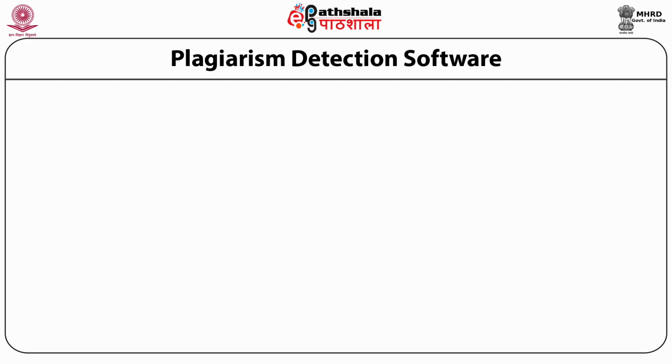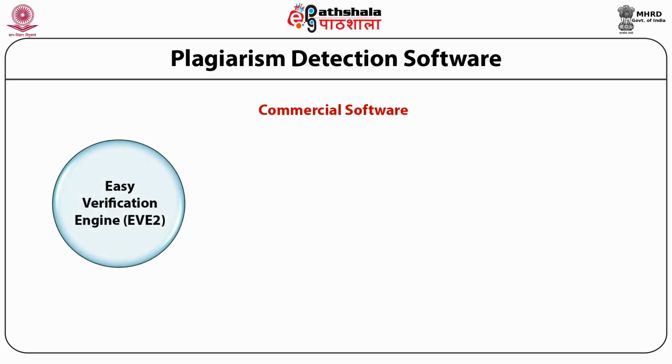There are different commercial plagiarism detection software available in the market. A few examples are the Essay Verification Engine, that is EVE2, which is a very powerful tool that allows professors and teachers at all levels of the education system to determine if students have plagiarized material from the World Wide Web.